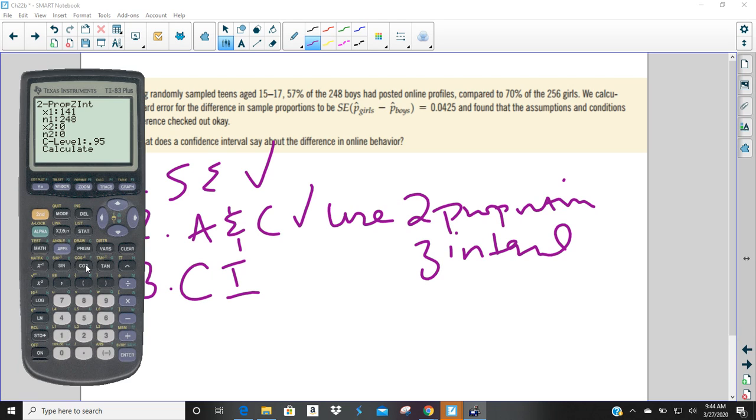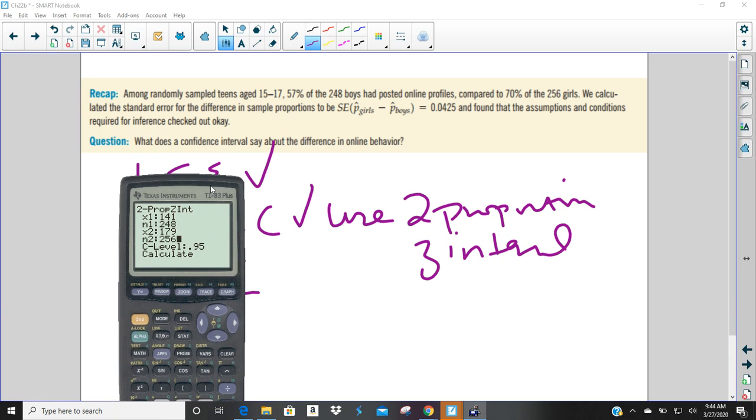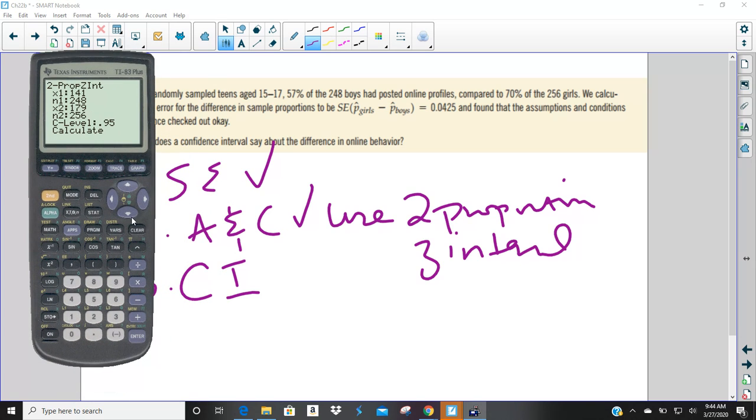And then the girls was 0.7 times 256. And I also get a decimal, so I have to change that to a whole number, 179 and 256. I'm doing it at a 95% confidence level. Doesn't say what it's going to do, but I'm going to use a 95% confidence level. I'm going to say that, and then I'm going to calculate.